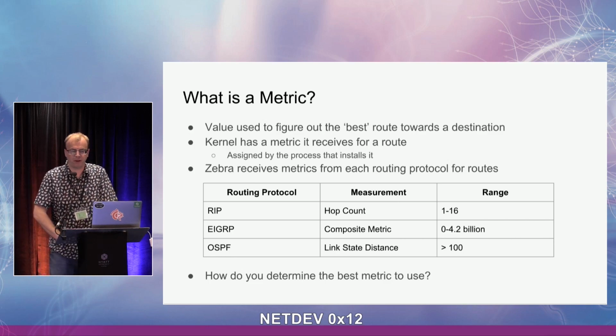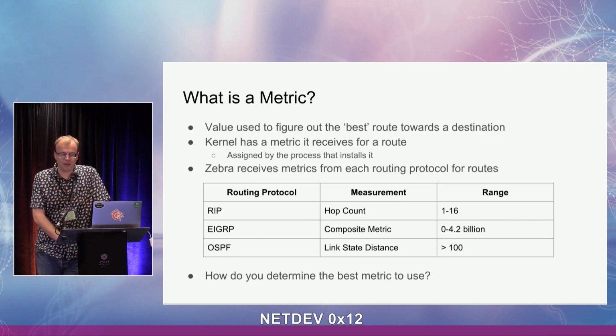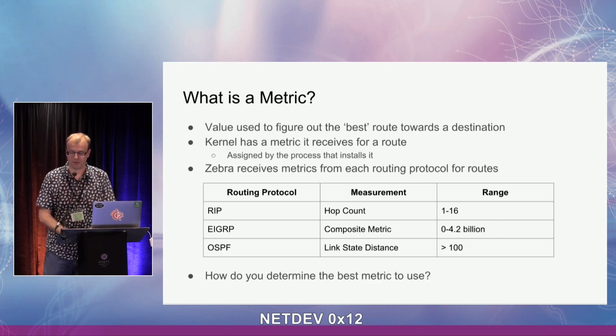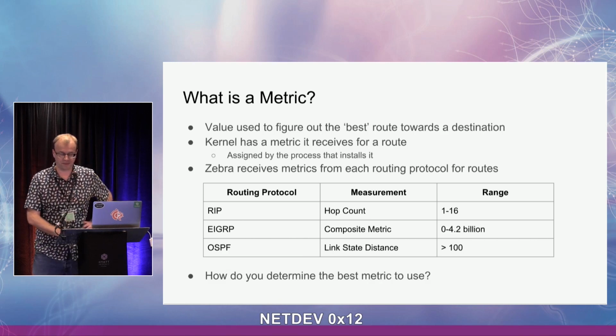Well, the problem with metric is that every single routing protocol has a different idea of what a metric is. So, for instance, RIP here uses hop counts and is only allowed values between 1 and 16. EIGRP uses a composite metric, which is a uint32_t. And OSPF is a link state distance, which has a range starting at 100 going up.